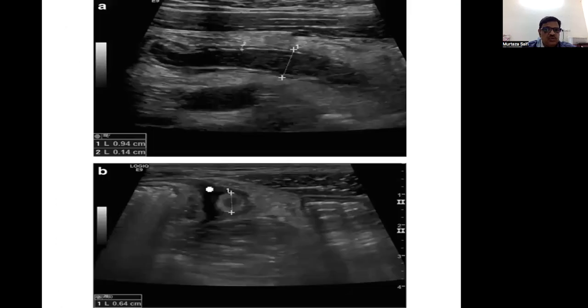This is showing the sonographic picture of acute appendicitis, showing the anterior-posterior diameter and thickness of the appendicular wall.